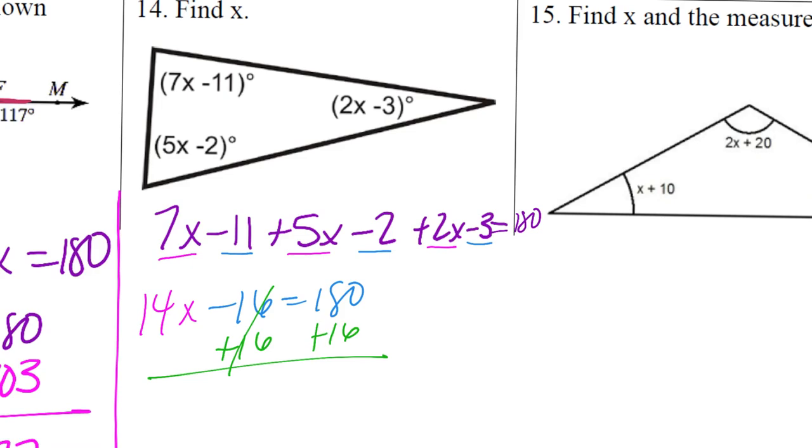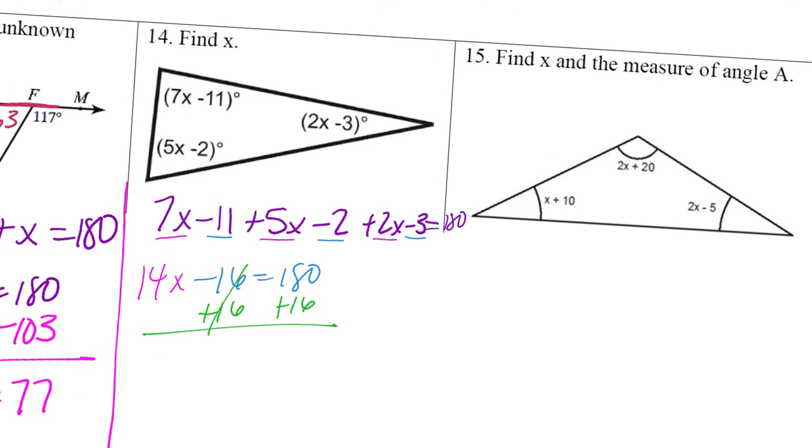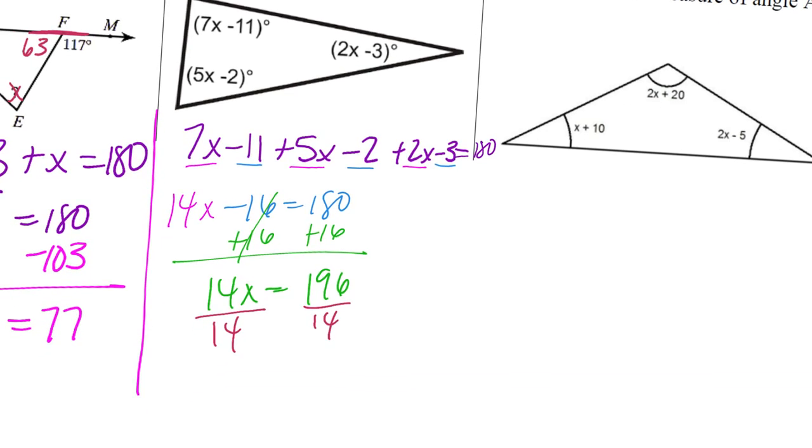So we get 14x equals 196. So then we just have to divide by 14 on both sides. We get that x equals 14. Let's put that part there.